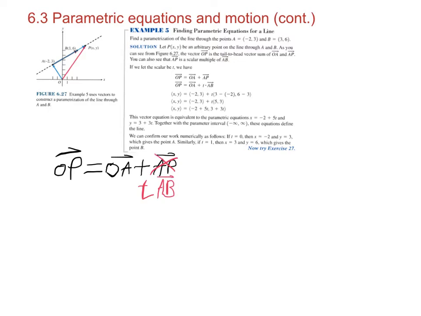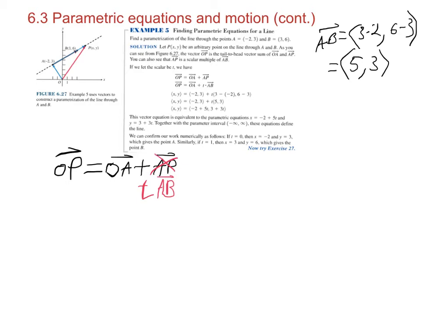That means that I'm going to go up here to the side. I can say that AB equals the vector, and I can just simply do my components, 3 minus negative 2 and 6 minus 3, and I get that that vector is the vector 5, 3.